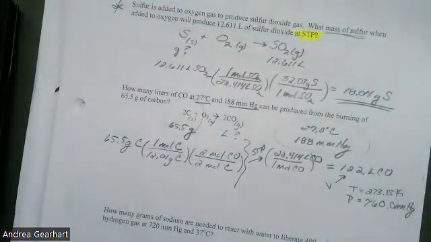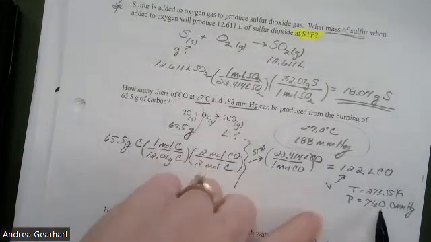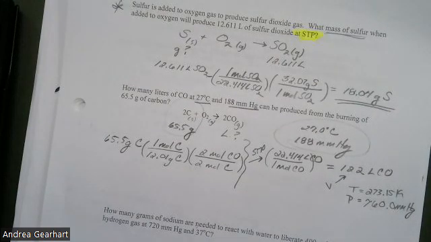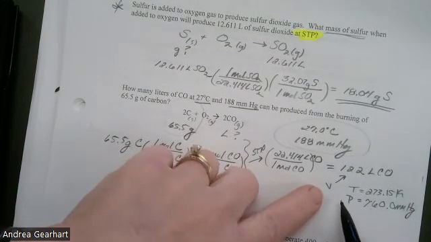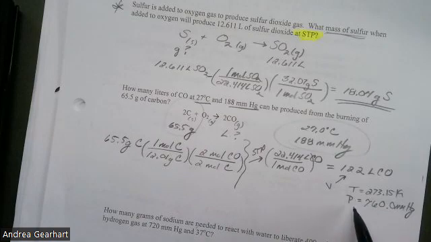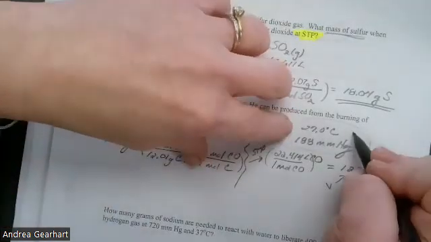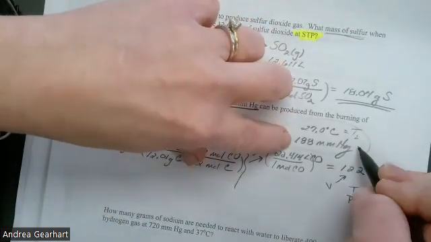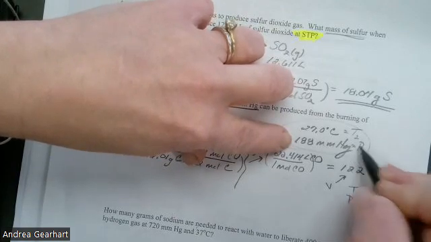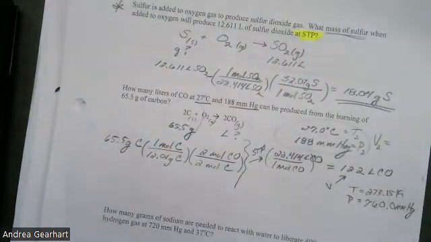When you pull the conditions of STP from your memory, they should never limit your sig figs. Never limit. That comes from our memory. Then, if we want to call these V1, T1, P1, and this would be T2, and this would be P2, we'd have to solve for V2.